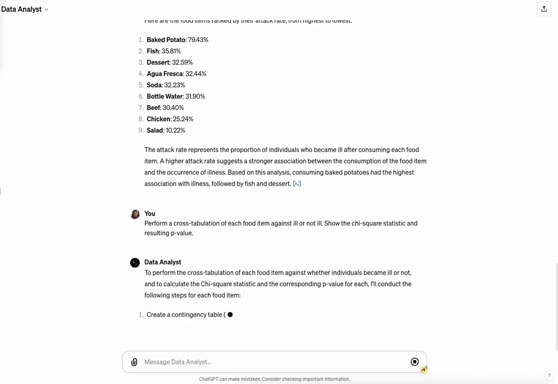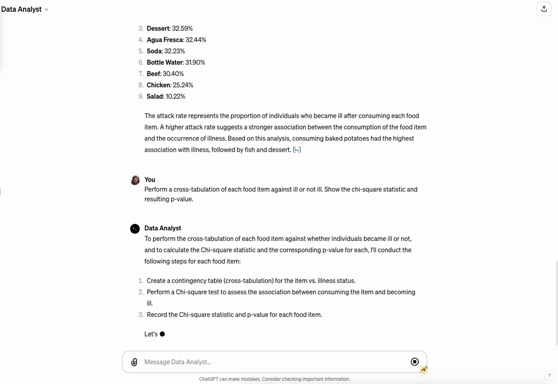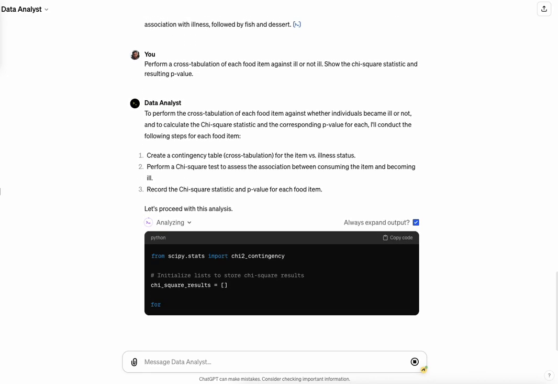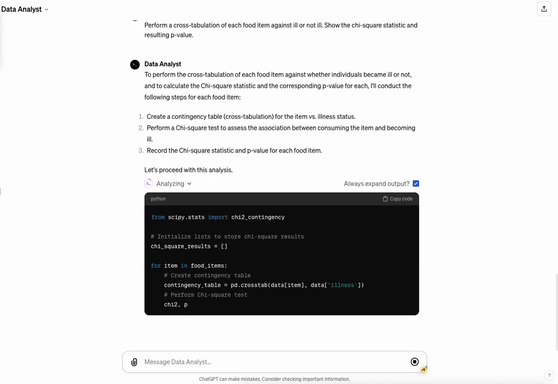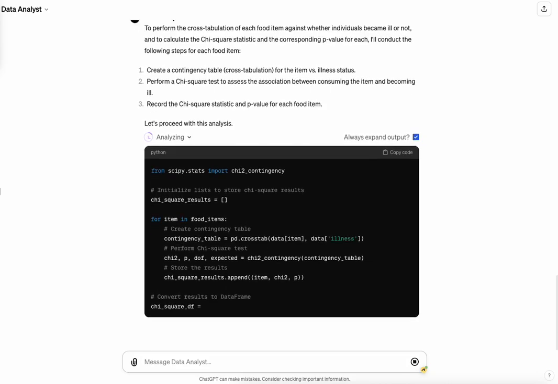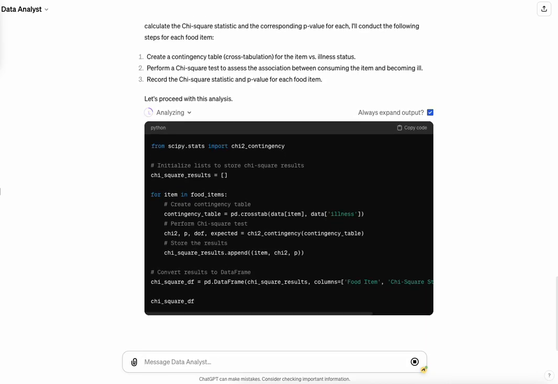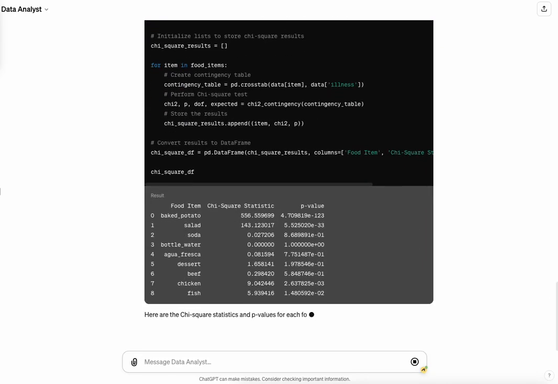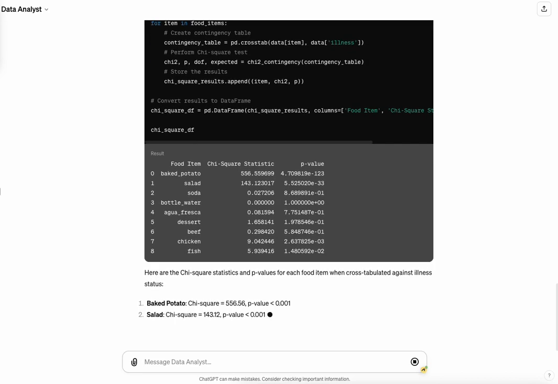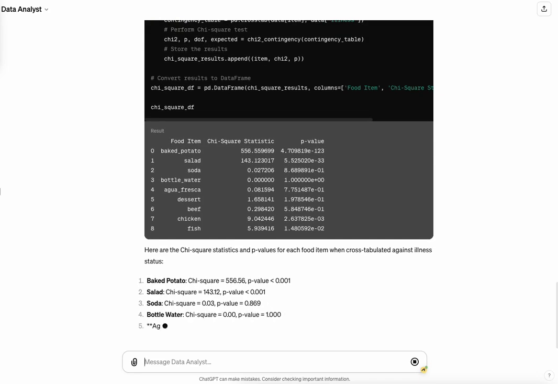So let's see what it does. Contingency tables, yes, and then you do the chi-square on the contingency tables. So it is creating that function. All right. Nice.